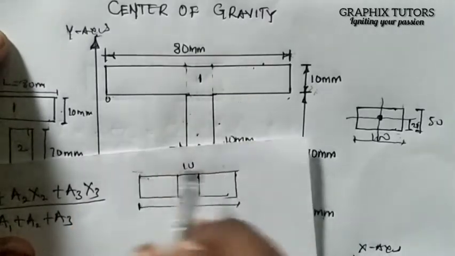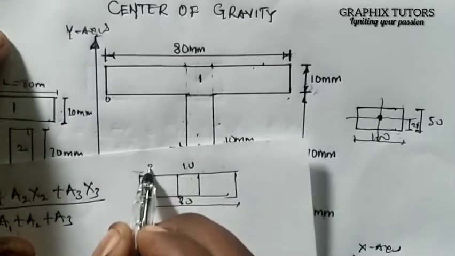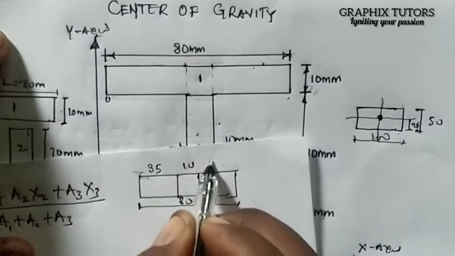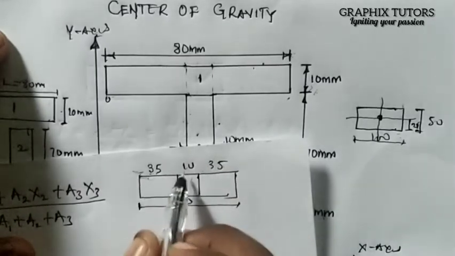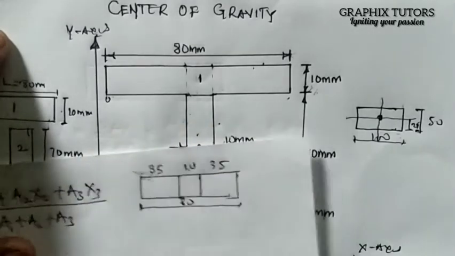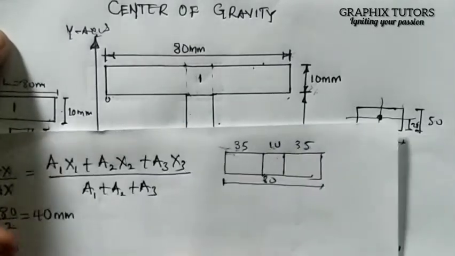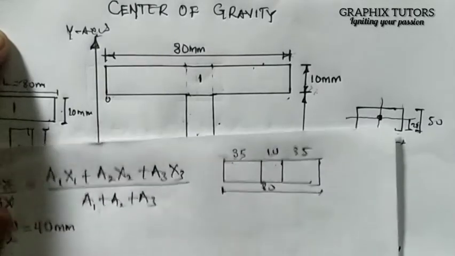So if I spread it evenly across these two distances, here will be 35, and here will be 35. So 35 plus 10 plus 35 is 80, right?